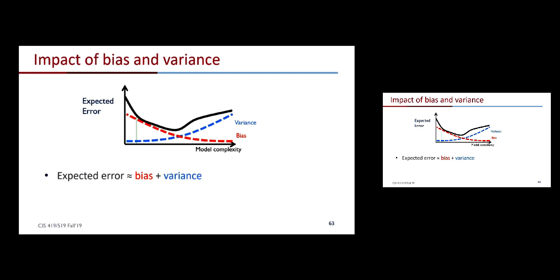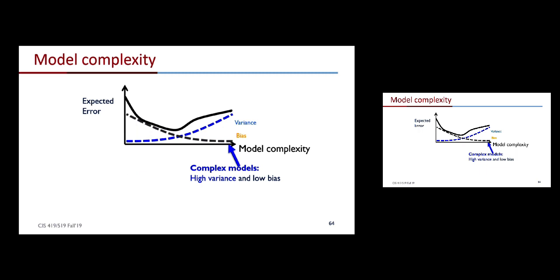On the other hand, if you have a lot of functions to choose from, your variance is going to be large, and that's a bad thing. So basically, what we want is to figure out how to balance bias and variance, or how to balance using simple models with complex models.